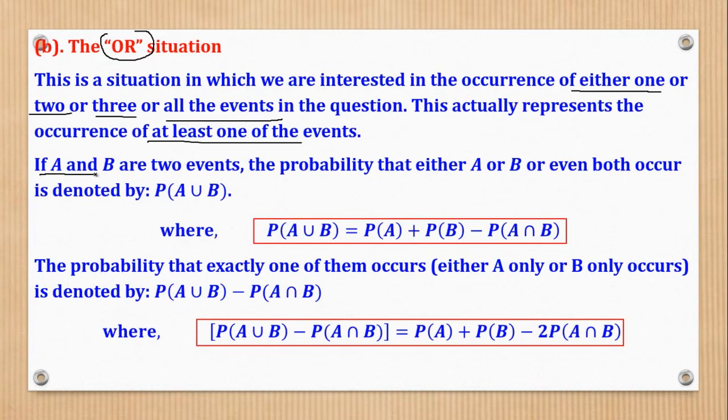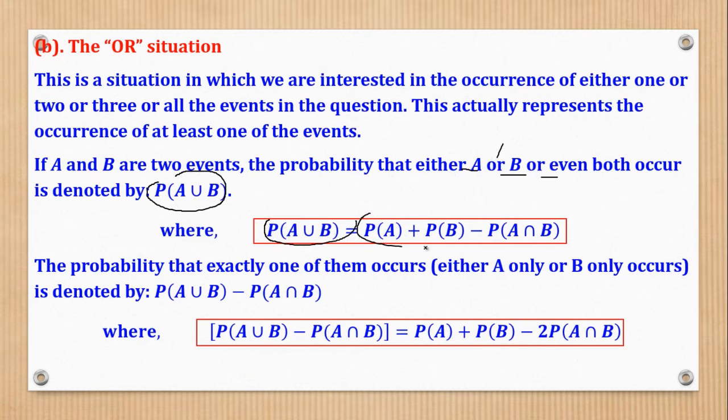Therefore, if I have 2 events A and B, the probability that either A or B or even both occur is noted as probability of A union B. So I can choose to write it in words, and say find the probability that either A or B or both occur. It means, always remember, union as long as you see this word OR. And like we already saw, union is expanded in this form.